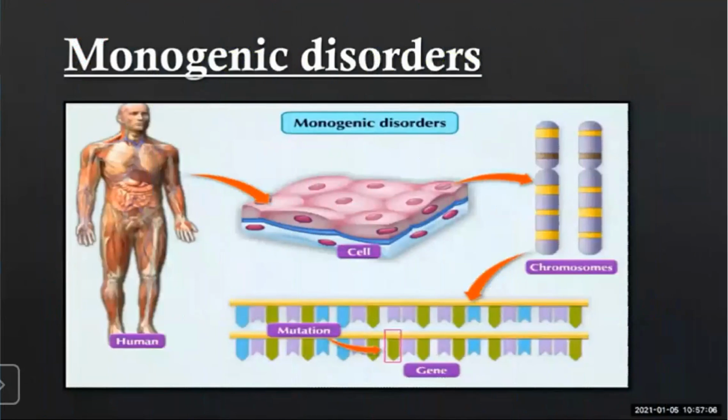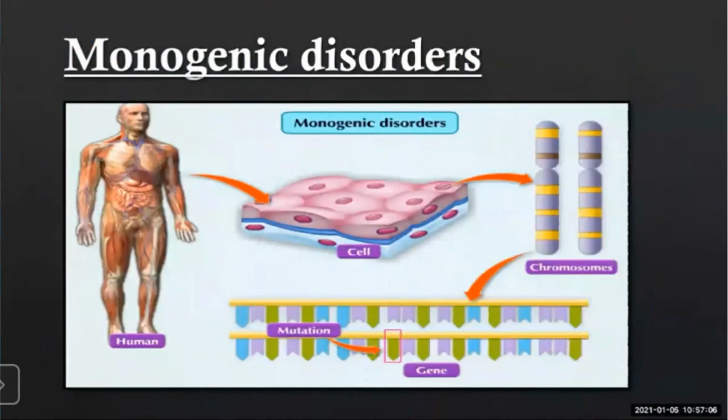In our previous period, we saw the genetic disorder. What is a genetic disorder? Genetic disorders are caused due to abnormalities in chromosomes and mutations in genes.